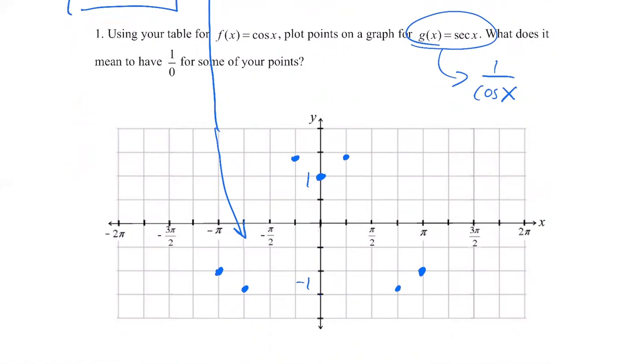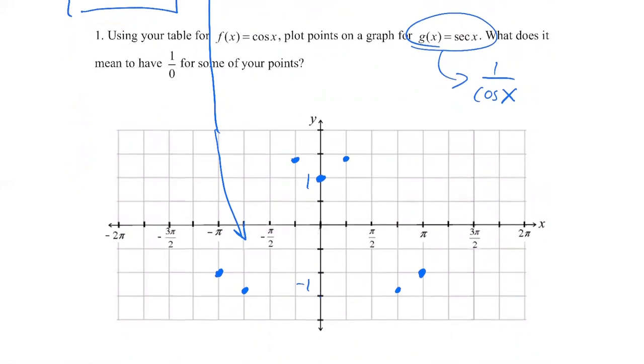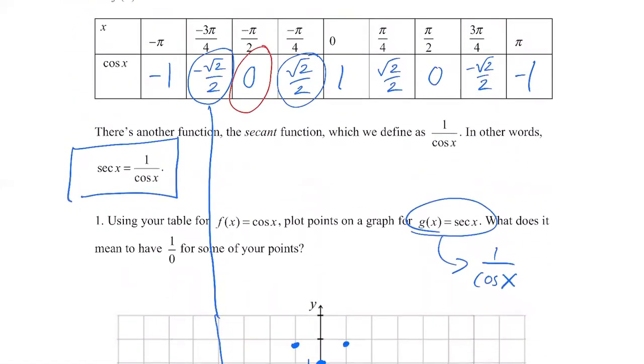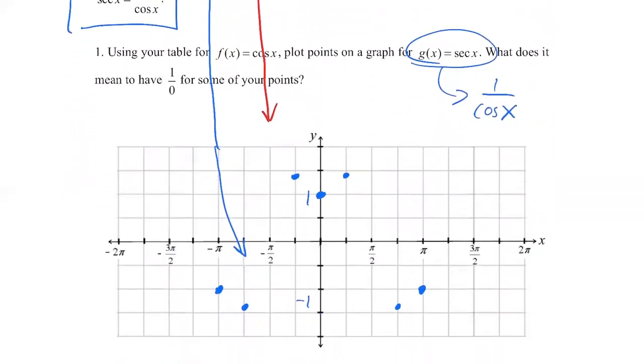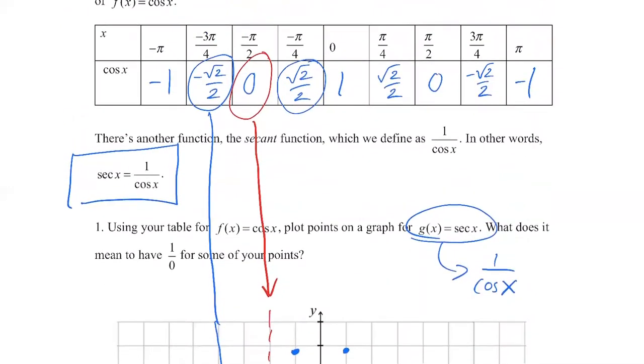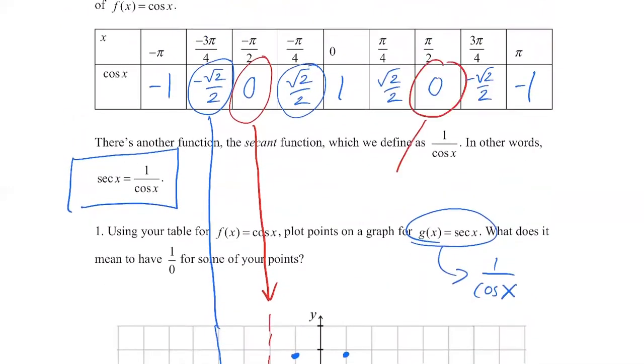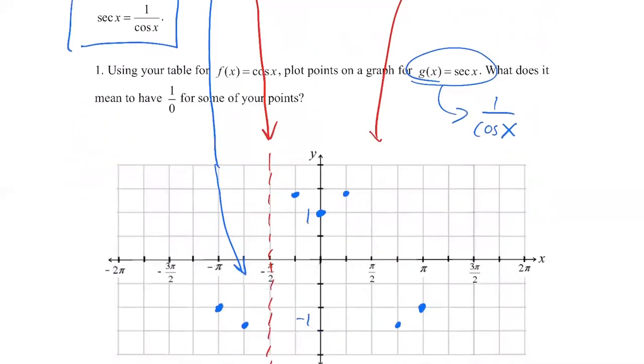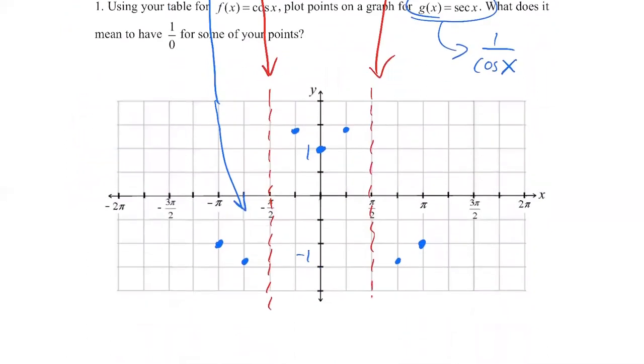So that means we actually have a trig function that has a vertical asymptote at negative pi over 2. And the same thing is going on at positive pi over 2. This is not dissimilar from tangent in that way.